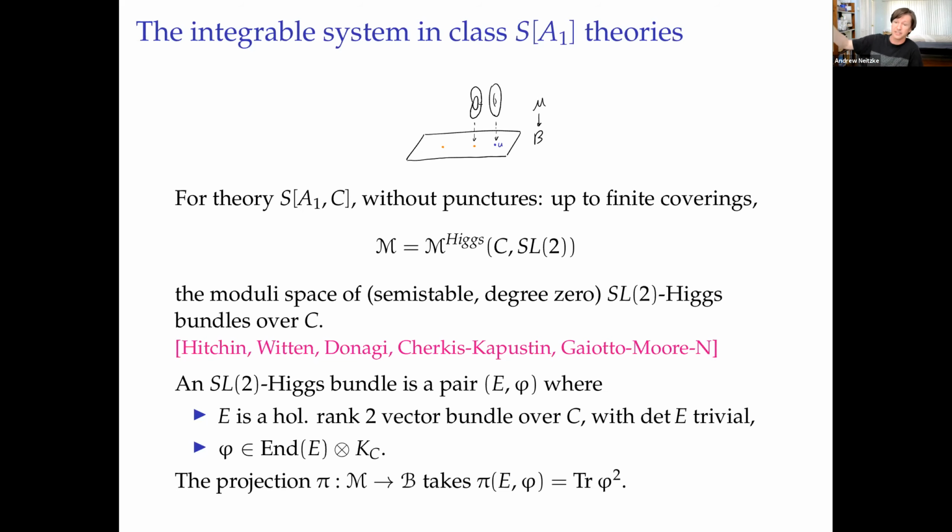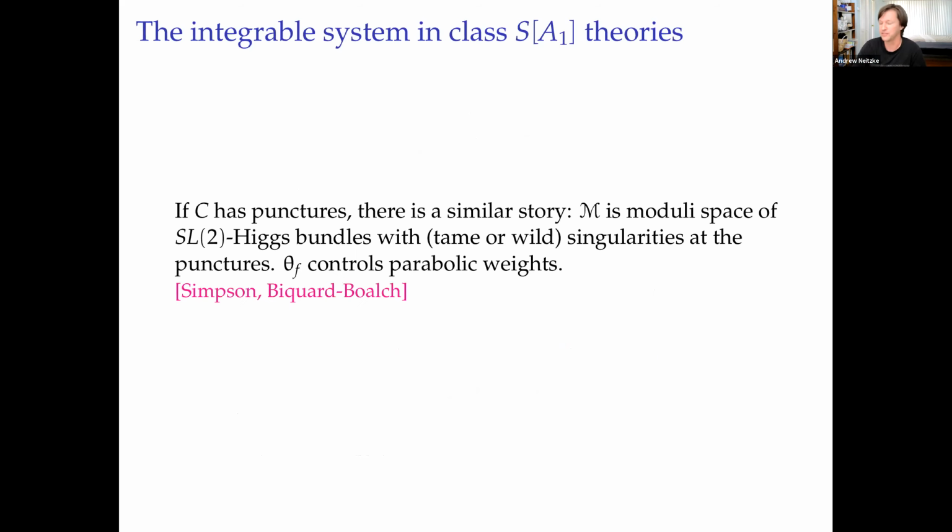I can take the square of it and then take the trace of that, and that gives me a holomorphic quadratic differential. That's in the case without punctures. In the case with punctures, there's a similar story where you have to allow singularities at the punctures. So you now consider Higgs bundles with singularities of an appropriate kind at the punctures. Roughly speaking, it just means that the Higgs field, this one-form valued endomorphism, is now allowed to have poles.